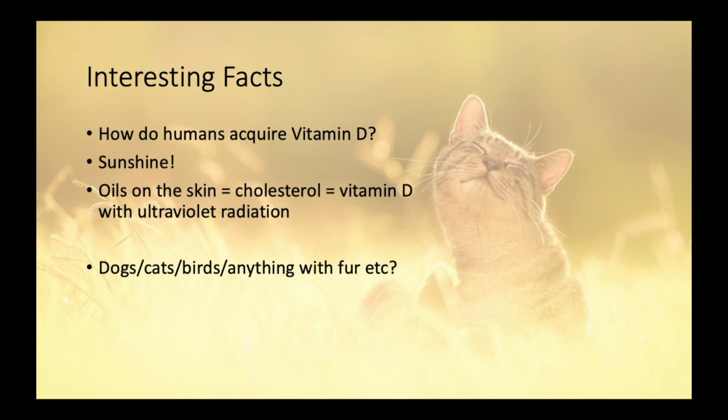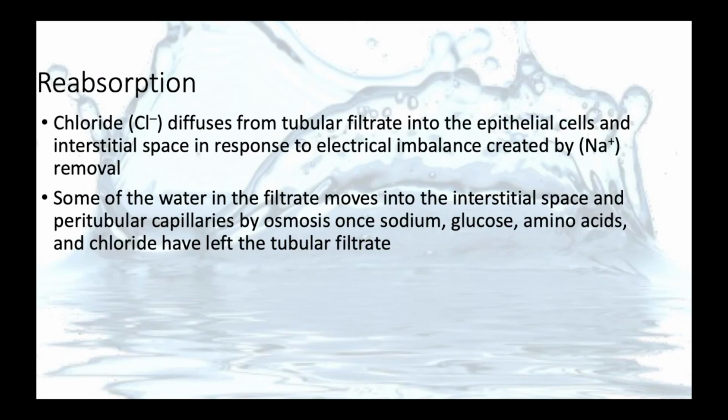They lick off those broken down oils, and then it gets absorbed into their body that way. So it's kind of neat. When you see cats and dogs, especially cats, laying in the sunshine, picking that really sunny spot in your house and grooming like crazy, that's actually a natural mechanism to acquire more vitamin D. Kind of neat, interesting fact.